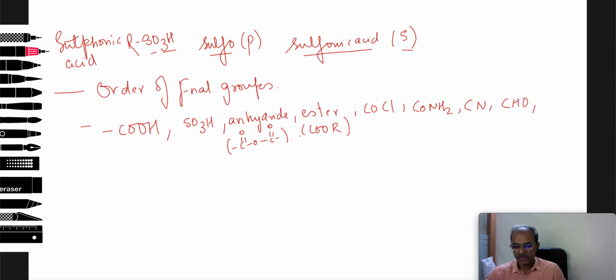Then comes, you can say, ketone, C double bond O. Remember, RR, ketone. Then comes OH, that means alcohol or OH.